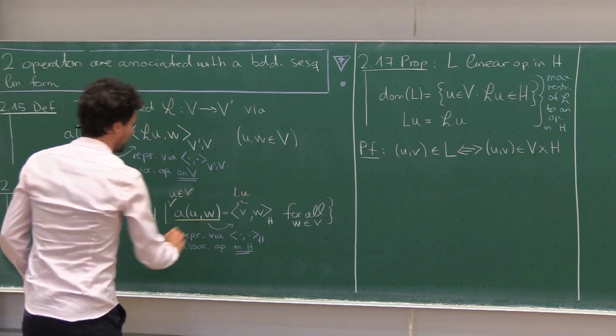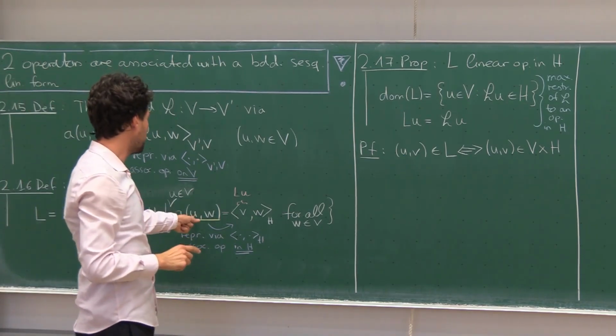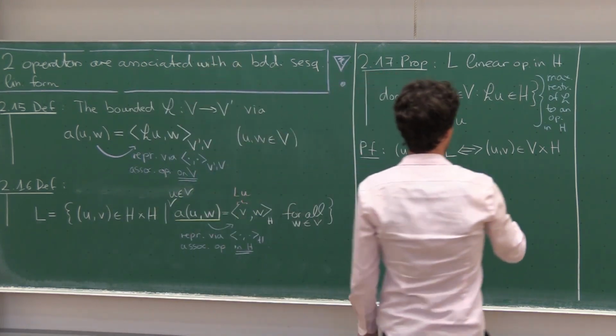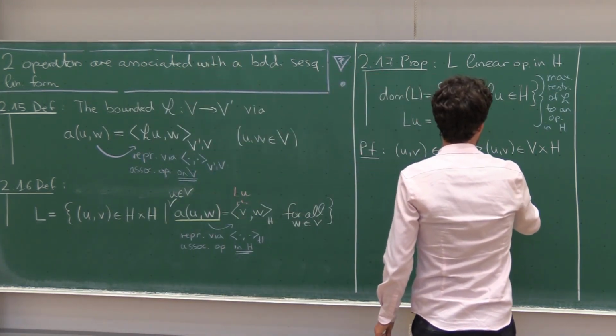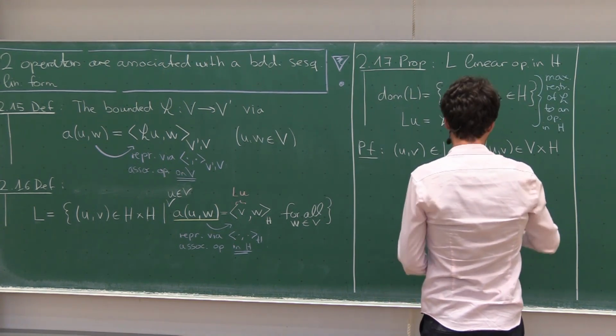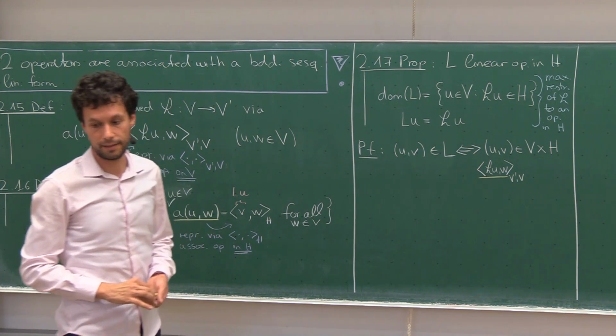Okay, but now I can write that using the formalism over here. So instead of writing A of U W, I can equivalently write script L of U W in the V prime V bracket, because by definition this is the same thing.